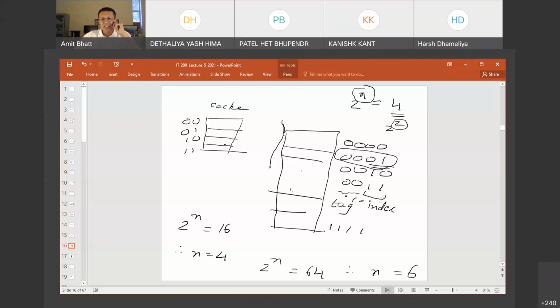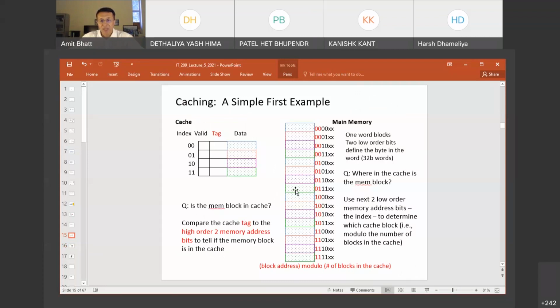Then someone would ask, if I have 16 addresses, I would have several of them which have last 2 bits as 00. So it is given over here. This one has 00, then this address has 00, this address has 00, this address has 00.